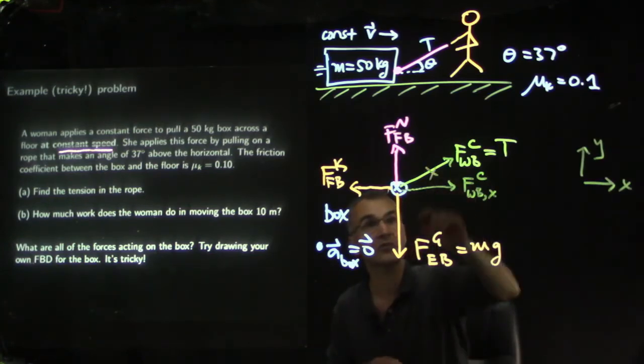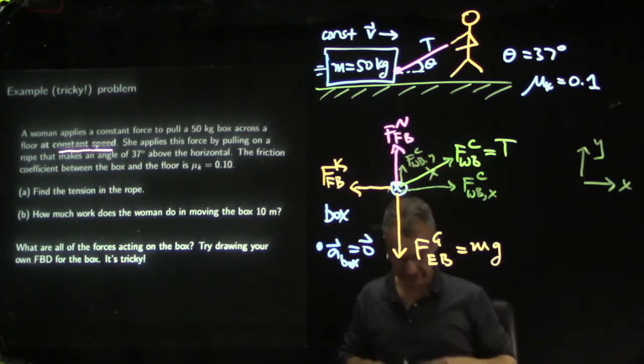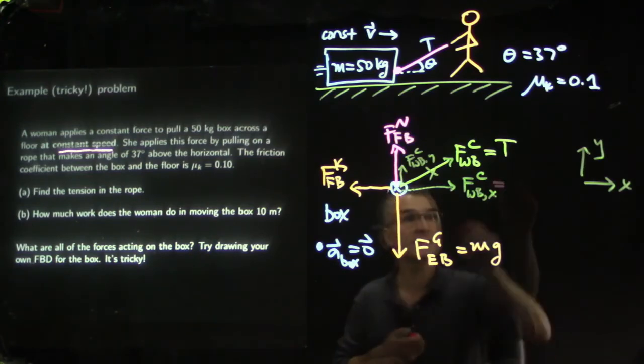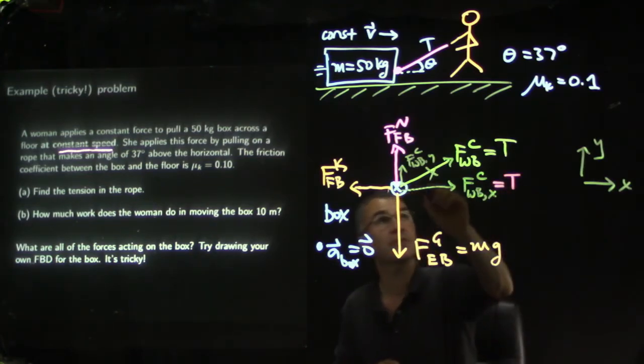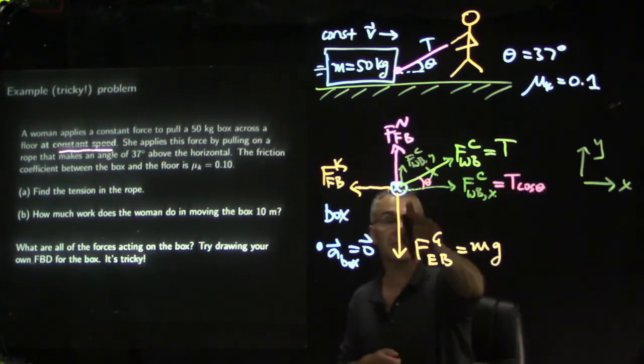We're going to cross this off, and we'll say this is the contact force between the woman and the box, the x component and the y component. The x component will equal T cosine theta, because this is adjacent over hypotenuse.